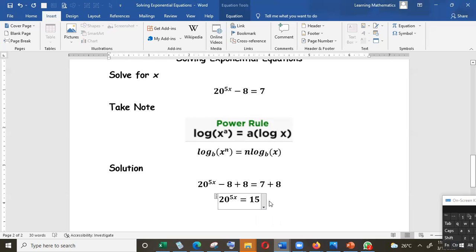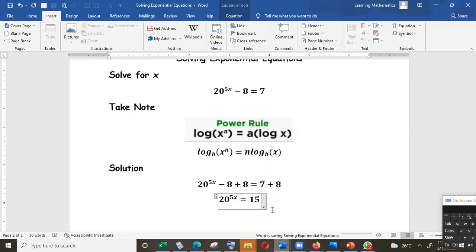You can write ln or log. If you write ln, then you are using logarithm to the base of e. If you write just log by itself, then you are using logarithm to the base of 10.